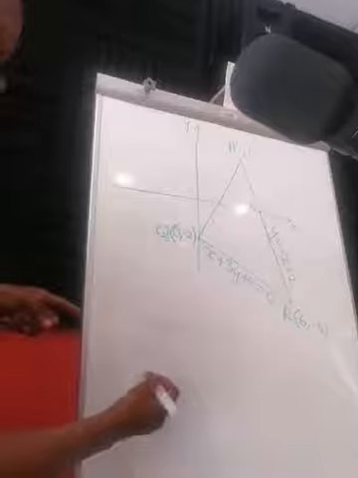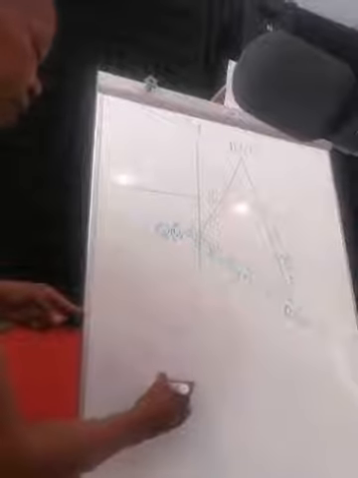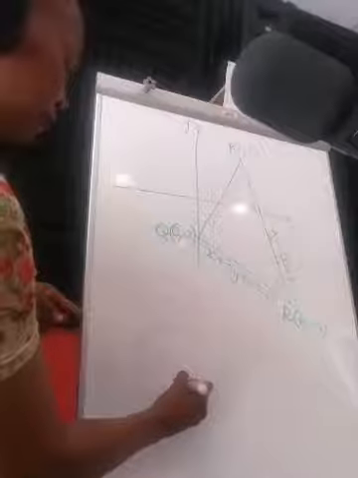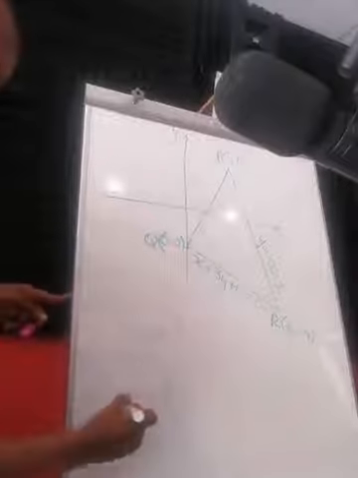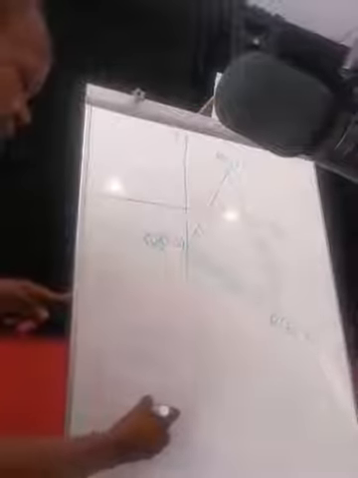So to get beta, we are going to make beta the subject by taking the tan inverse of the gradient of the line, which is -1. You punch in your calculator tan inverse of -1, and it is giving us -45 degrees.